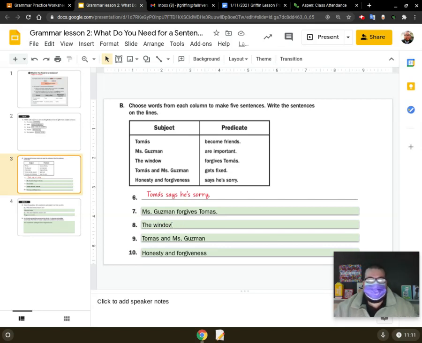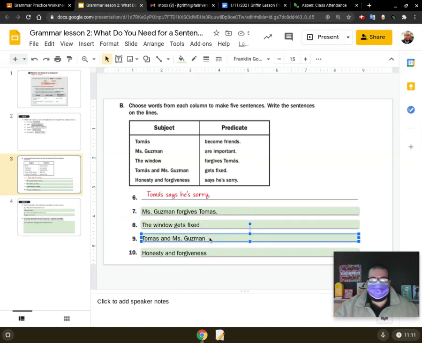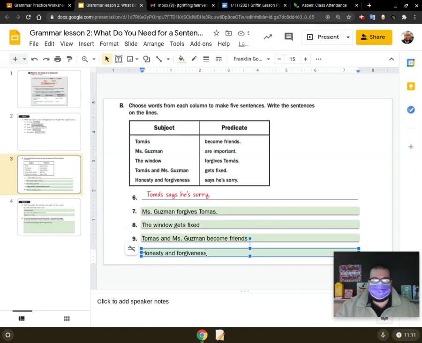The window gets fixed. Very good. Tomás and Ms. Guzman become friends. And honesty and forgiveness absolutely are important. Very good.